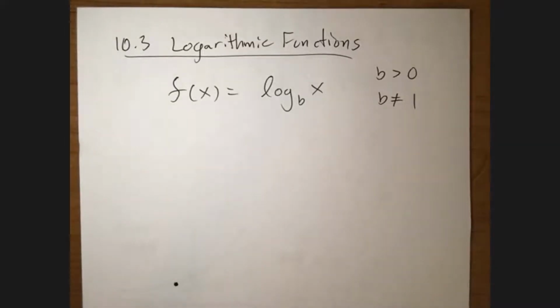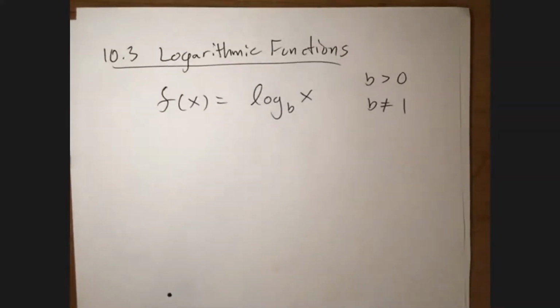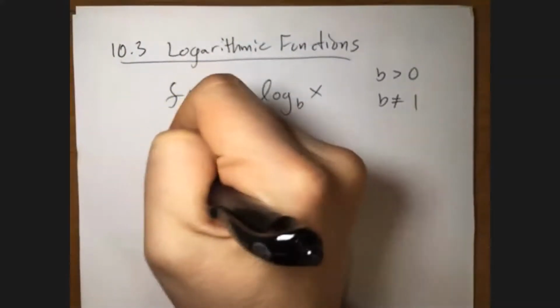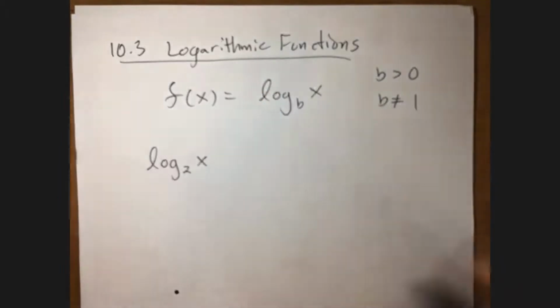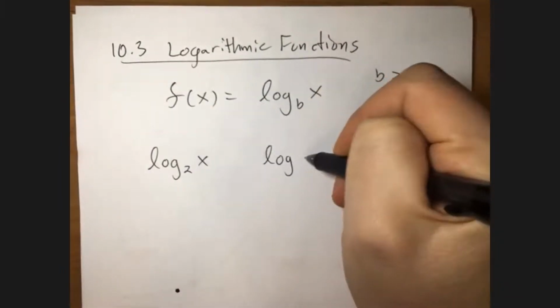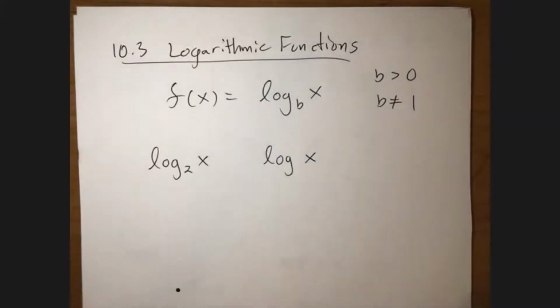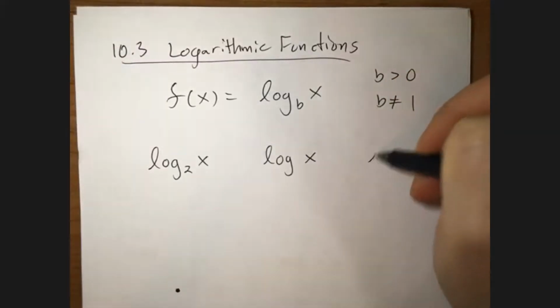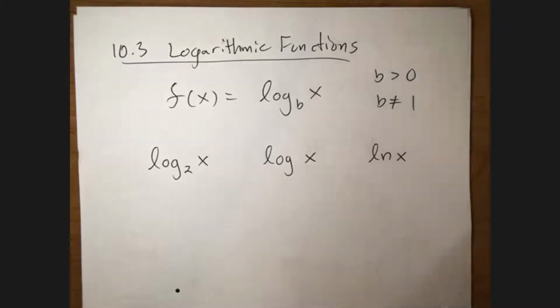Okay? We just looked at some examples, right? So you might have log base 2 of x. Log base 10 of x, we just write log x. Log base e of x, we write ln of x.